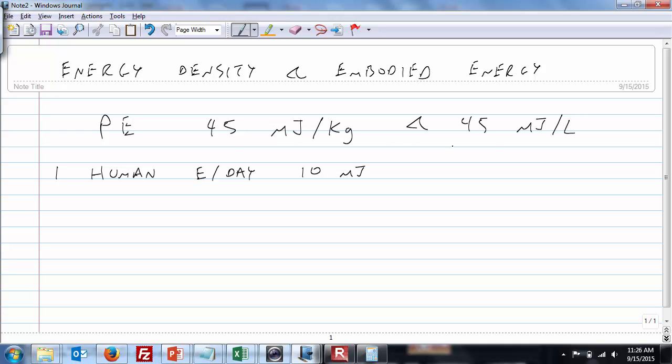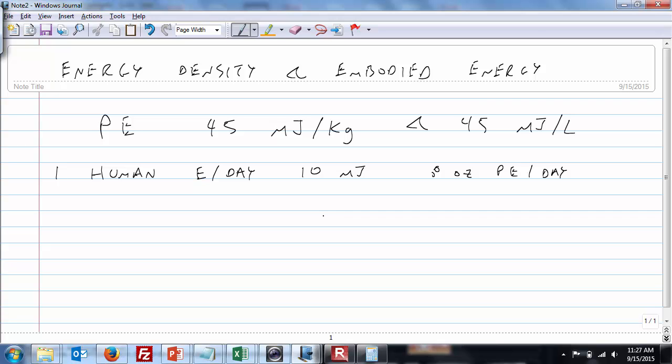So you can look at this and say, well, gosh, if I had a quarter liter, if I had 250 milliliters, 1 cup, 8 ounces of polyethylene, that would be enough to fuel me for the day. So 8 ounces of PE per day. Now, we cannot metabolize polyethylene. We cannot metabolize cellulose, but just a little scale for you there. Okay, 45 megajoules per kilogram.